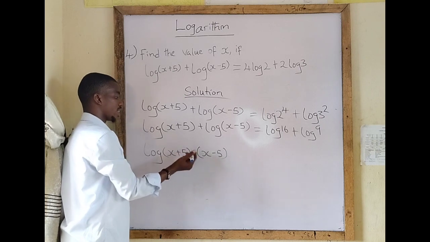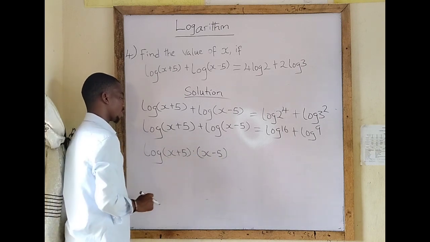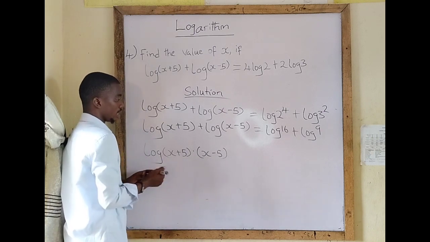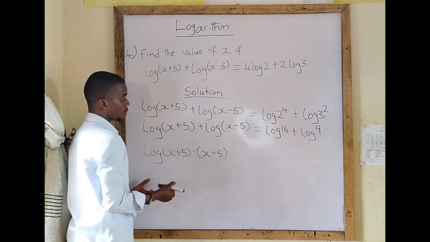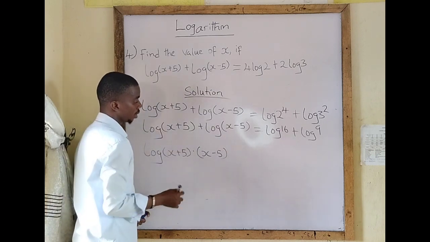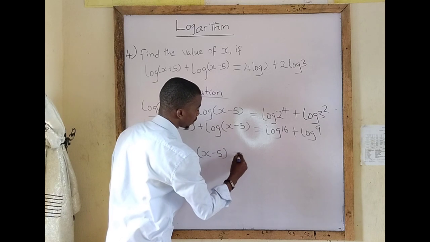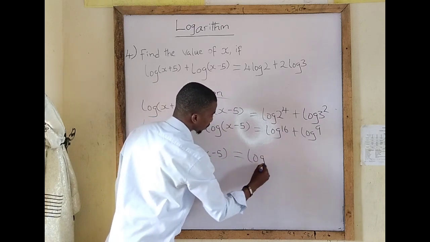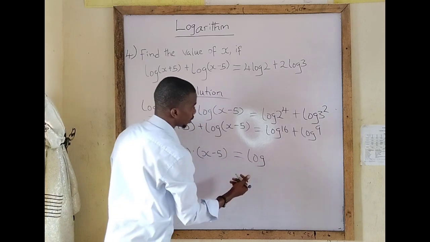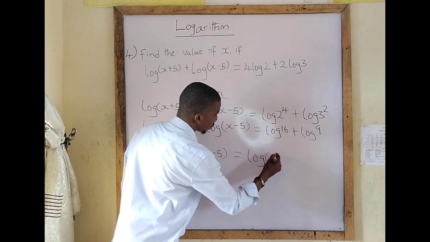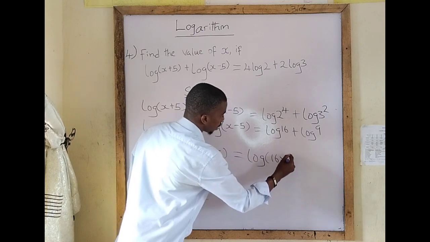The dot here depicts a multiplication sign. We took it to a common base and we multiply. So this is equal to, we do the same here, log, which we know are all in base 10, so we have 16 times 9.